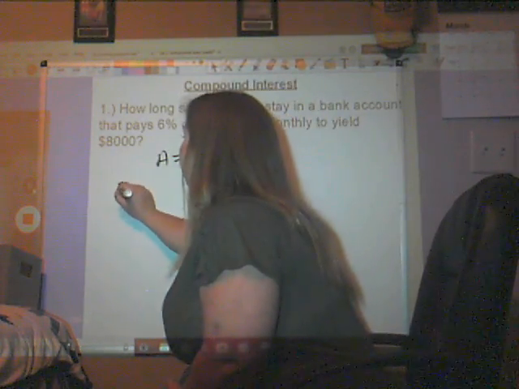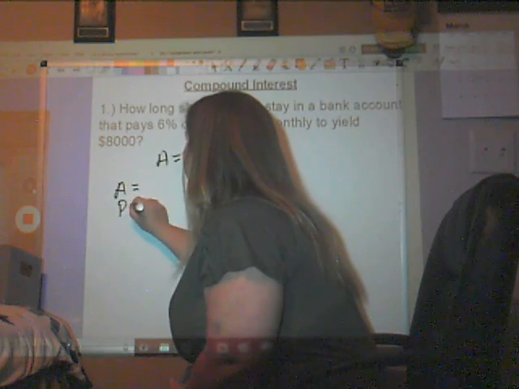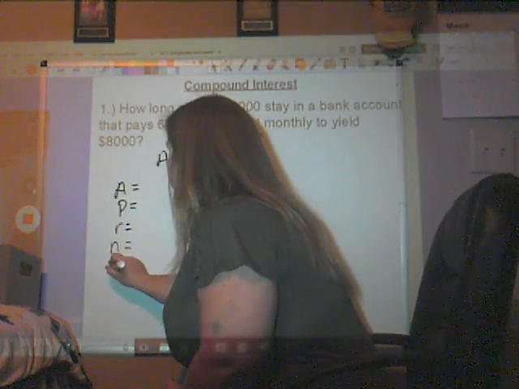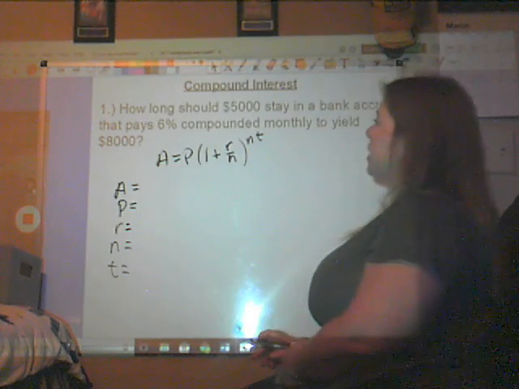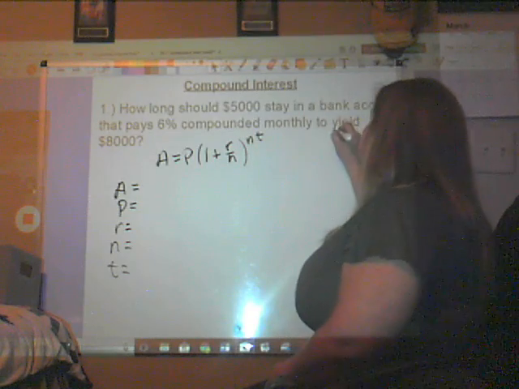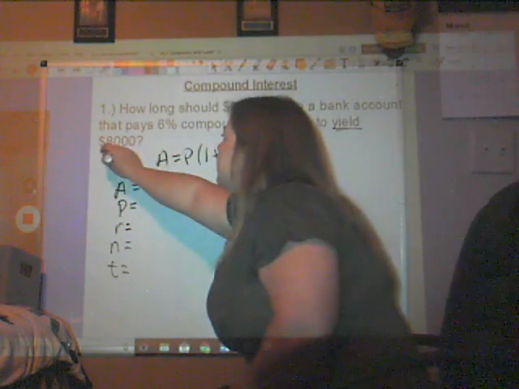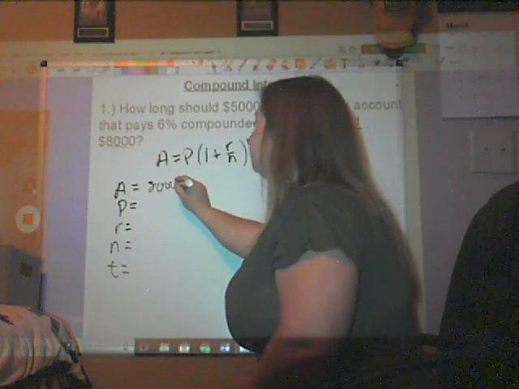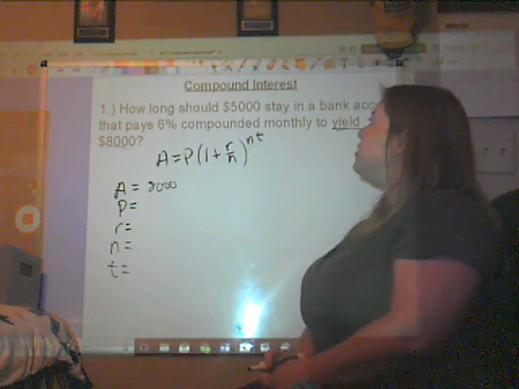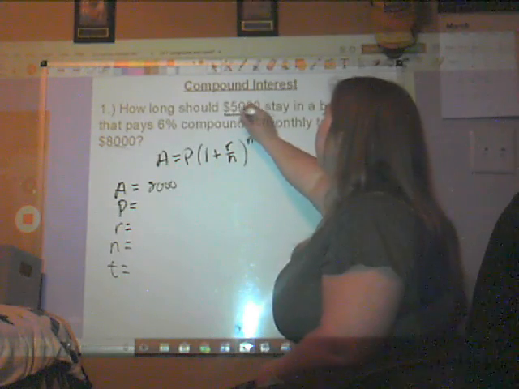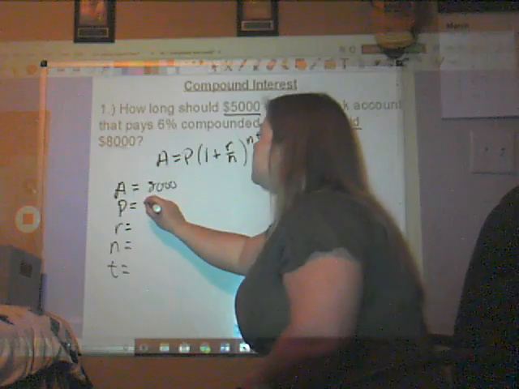So we need to know our A, our P, our R, our N, and our T. A is the amount that you want to end up with. Well, it says yield 8,000, so A is 8,000. P is your principal, the amount you start with. We put 5,000 in the bank, so P is 5,000.